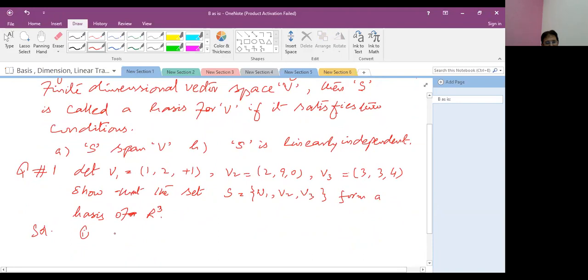First we solve it by span of S. The first condition, first we will consider the span of S. Let (x, y, z) belong to R cube.